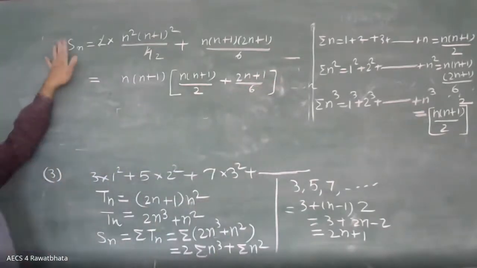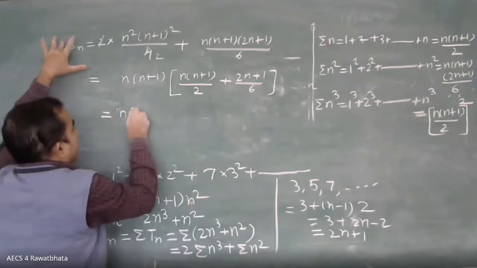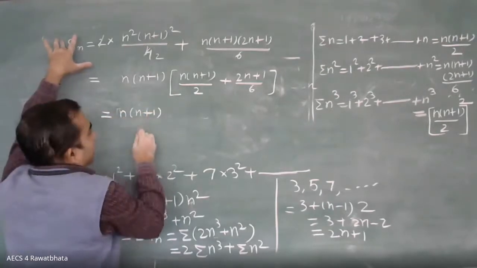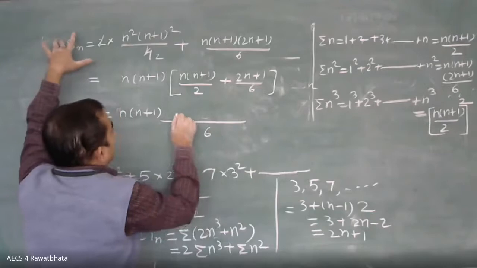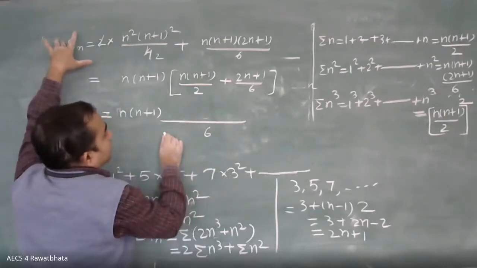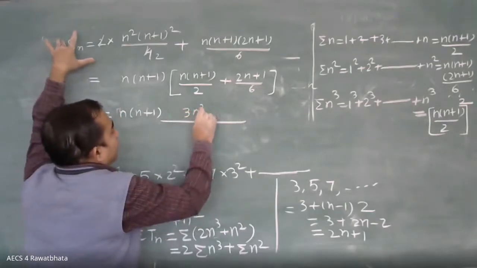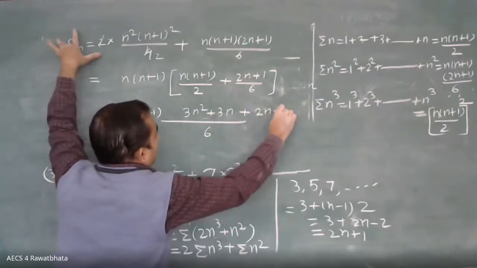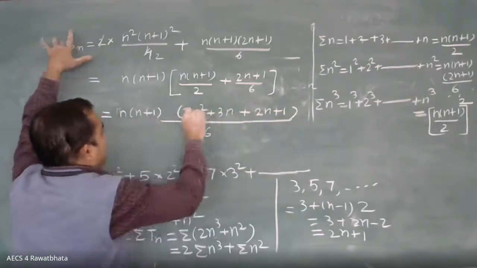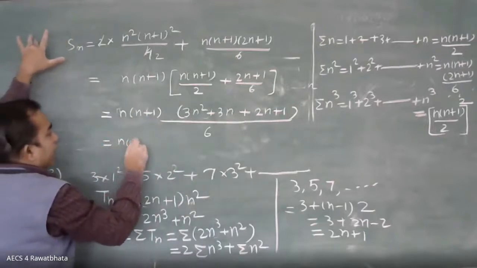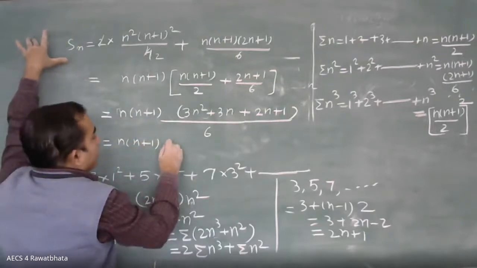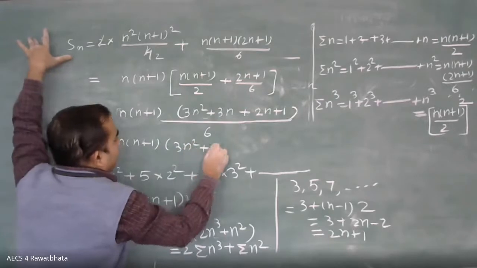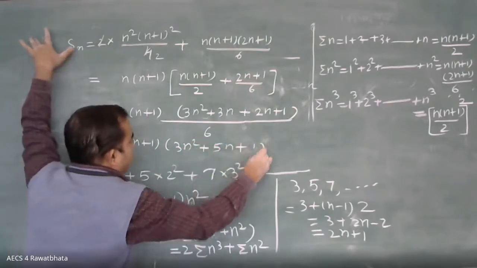LCM will be 6. So n plus 1 whole upon 6, and this will be 3n square plus 3n plus 2n plus 1. And then this will become n (n plus 1)(3n square plus 5n plus 1) whole upon 6.